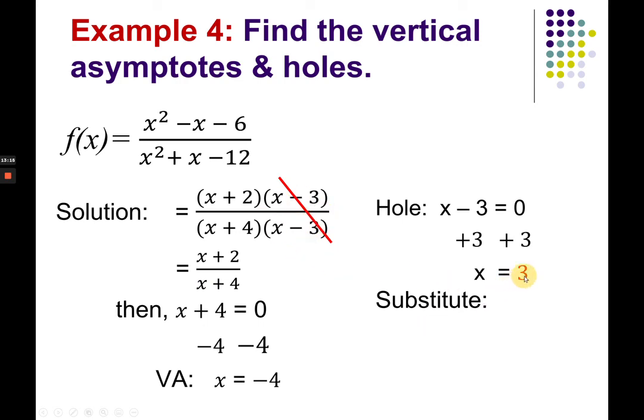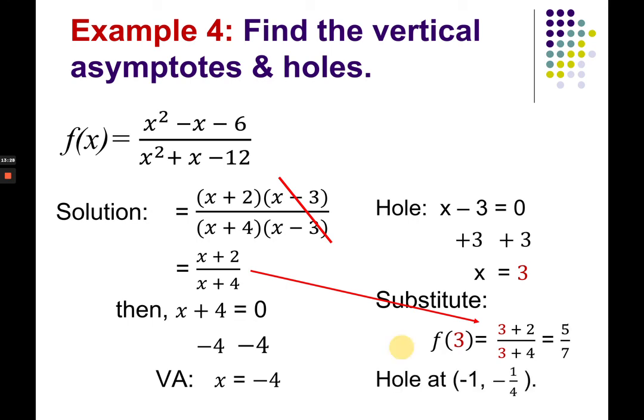So we are going to substitute 3 in the simplified form. So it becomes 3 plus 2 over 3 plus 4. The numerator becomes 5, the denominator becomes 7. Therefore, the hole of the given function is at (3, 5/7).